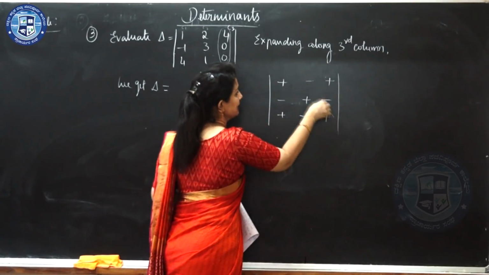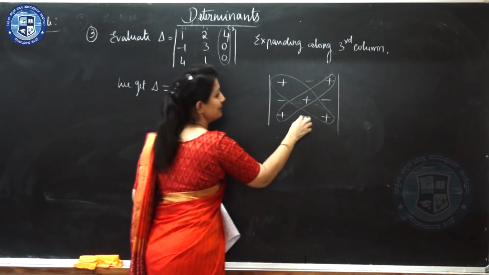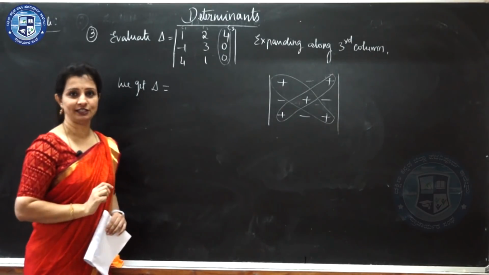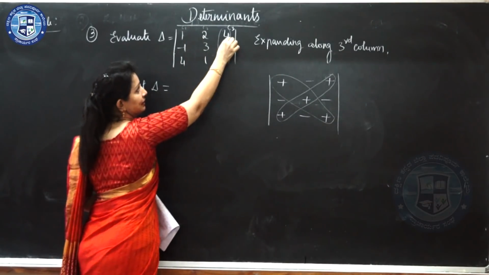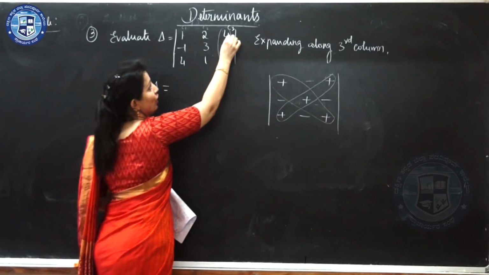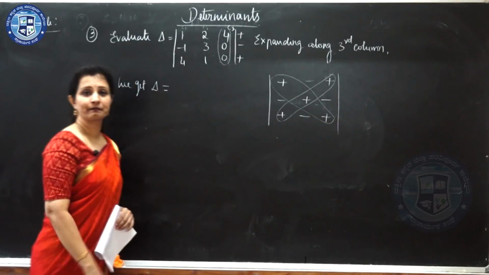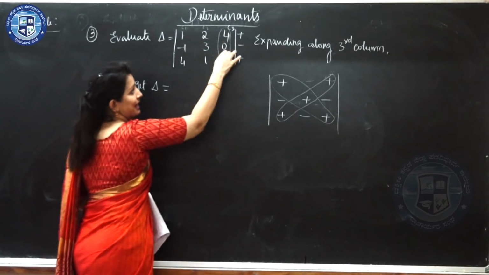Diagonally all the elements are positive, the other 4 elements are negative. So the diagonal elements are positive. So 4 becomes positive, then minus, then plus. So first we write the position signs as plus, minus, plus.